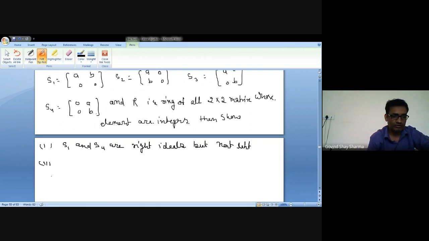Second, S2 is a left ideal but not a right ideal.